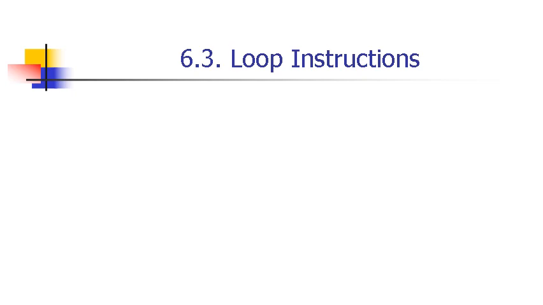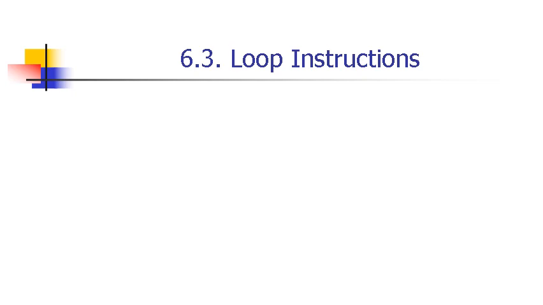Now we go to a very important instruction with which we can control the flow of our program, the flow of our execution, which is the loop instructions. In many instances, we need to go over a piece of code many times.